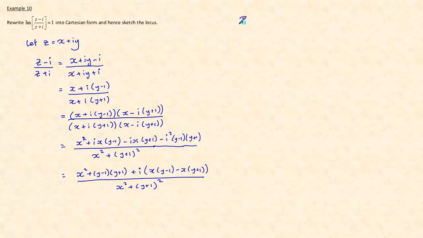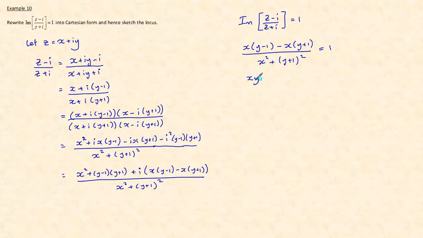Now we have the imaginary part of (z minus i)/(z plus i) is equal to 1. The imaginary part of this is x(y minus 1) take away x(y plus 1) over x squared plus (y plus 1) squared, and that must be equal to 1.